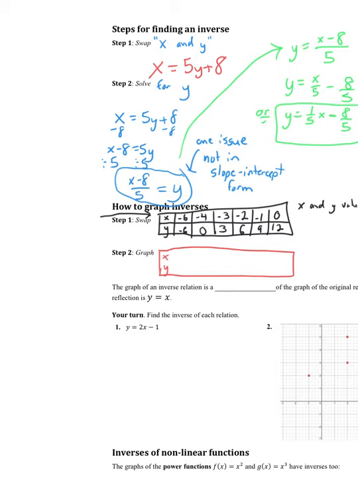So I'm just creating one right now. This should have been given. But what I want you guys to do now is create another table below and fill in the inverse values.